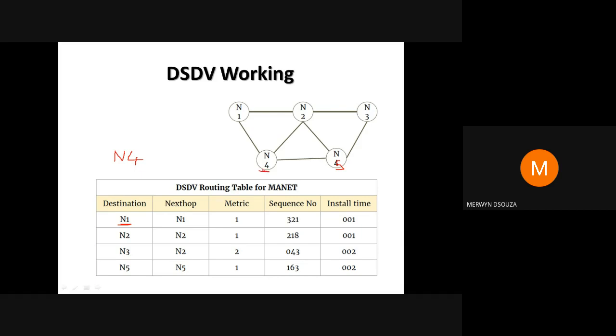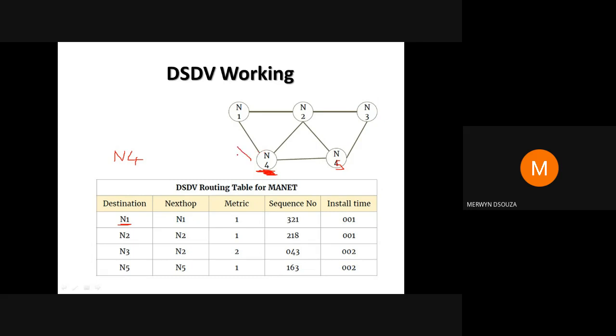Starting from here, I have to decide in which direction to send the packet so that it reaches N1. It could so happen that N1 itself may be the next node, but N4 is right now calculating the proper routes, or the shortest routes, to each and every node.